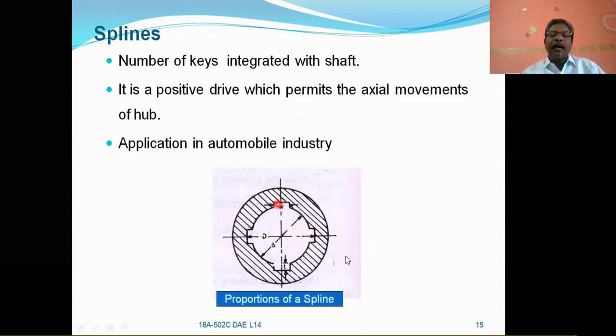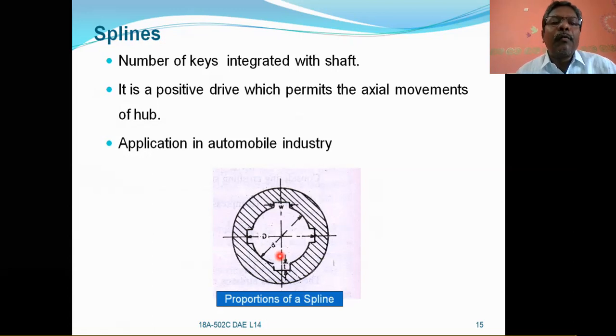The spline proportions are taken based on the major diameter only. Small d will be 0.75 times the major diameter, width is equal to 0.25 times the major diameter, and thickness is 0.125 times the major diameter. So this is all about the splines.